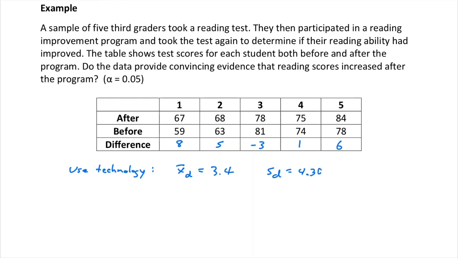Now, just real quickly, for those who may be wondering how to use technology to find this: Excel or Google Sheets is usually what I default to for quick statistical work like this.